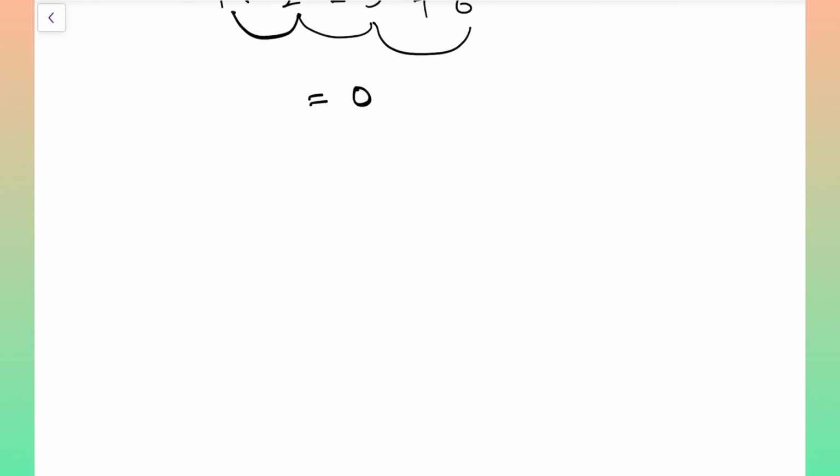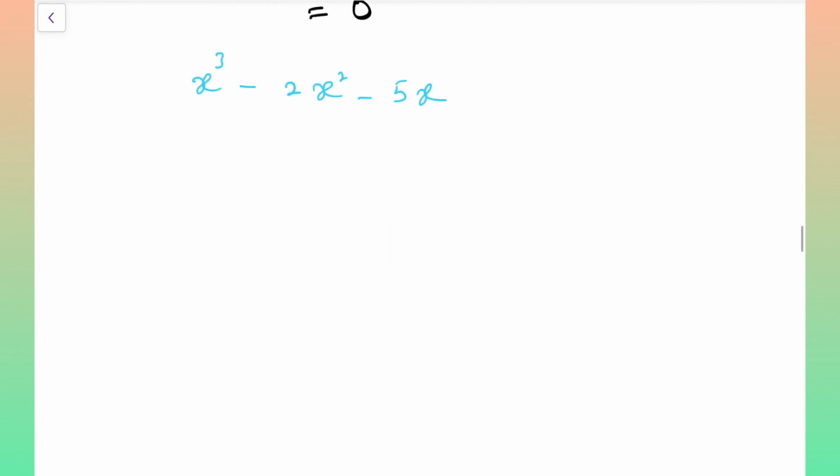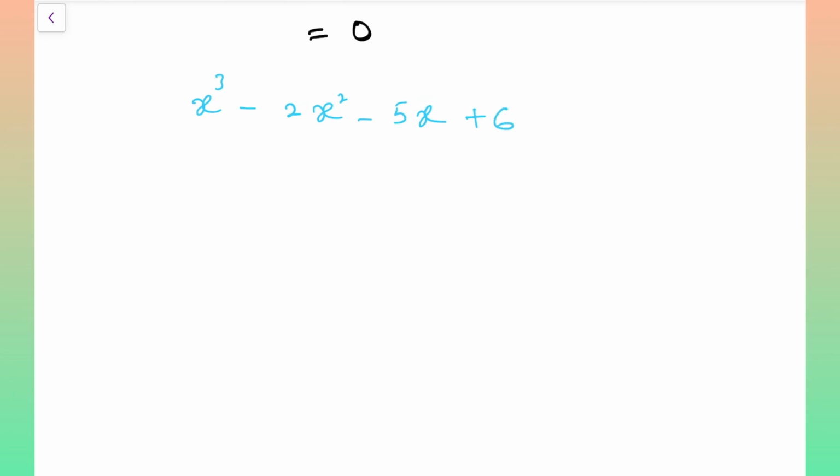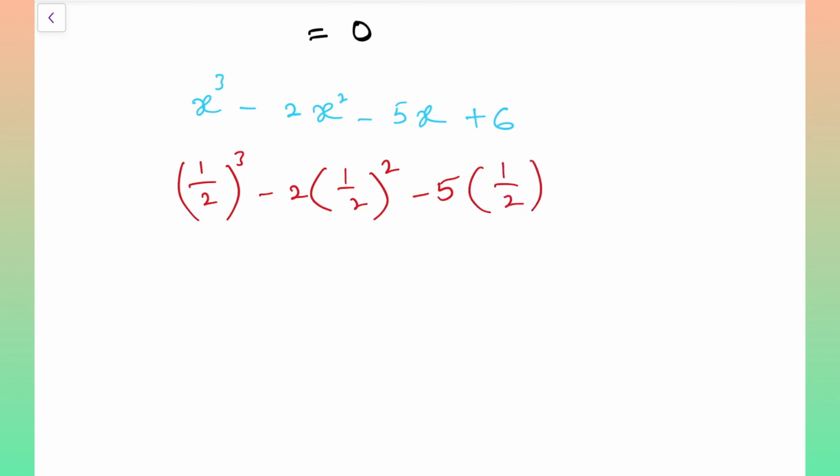So the given polynomial is x cube minus 2x square minus 5x plus 6. Then he is asking the value of this polynomial when x is equal to 1 by 2. So simply in the place of x, let us substitute 1 by 2. 1 by 2 whole power 3 minus 2 into 1 by 2 whole square minus 5 into 1 by 2 plus 6.